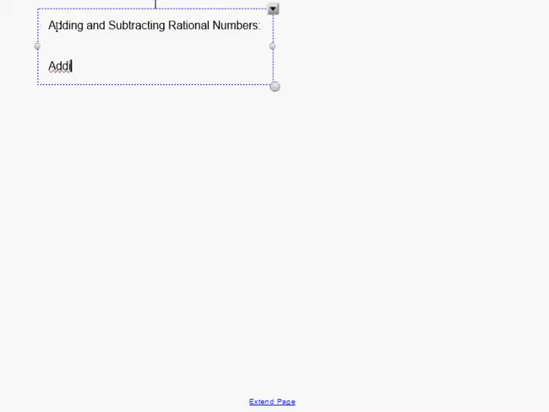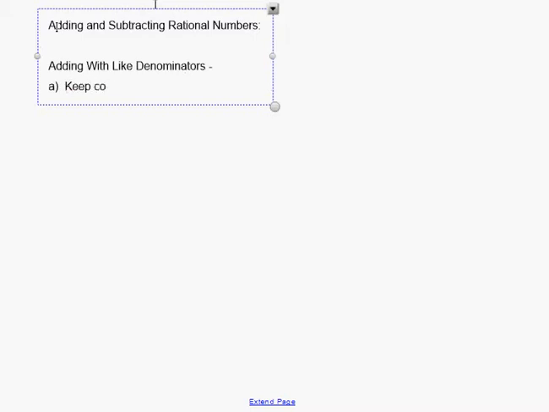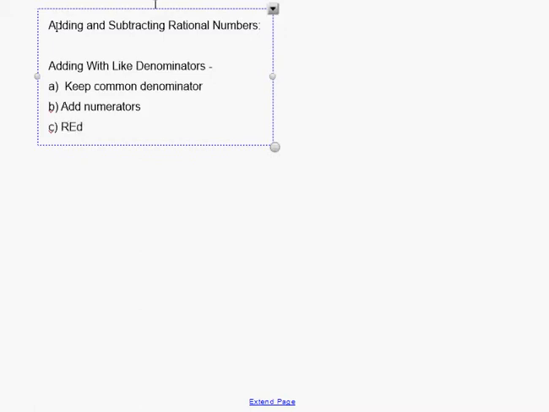If we're adding with like denominators, keep the common denominator, add the numerators, and reduce the answer if possible.